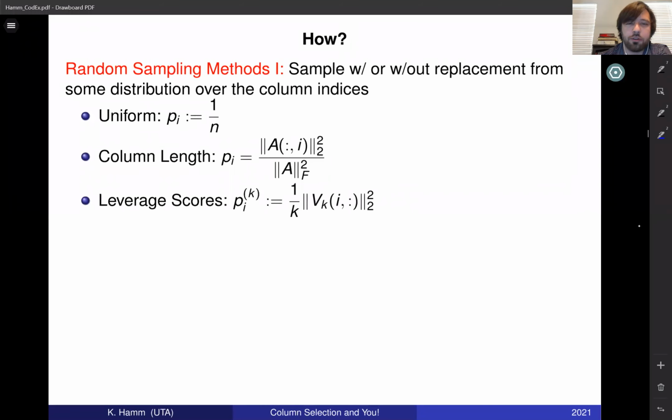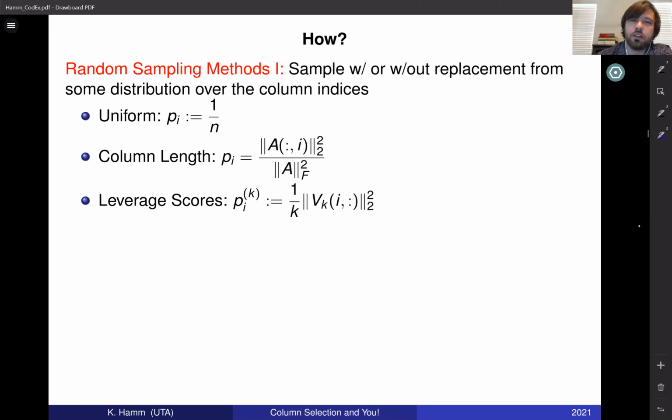And then leverage scores, which have a rank estimation parameter k in them. These are essentially row norms of truncated singular vectors of your matrix. So V_k are the first k columns of the right singular vectors of your data matrix, and you're looking at the length of the row norms there.